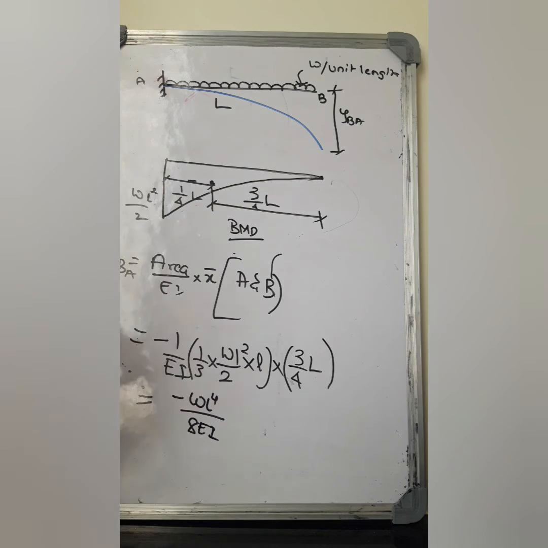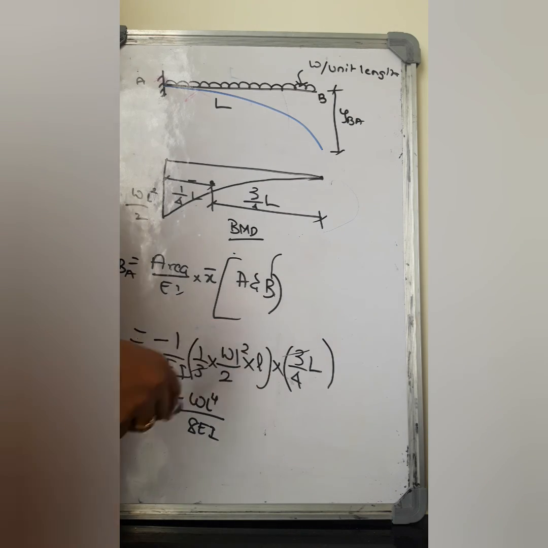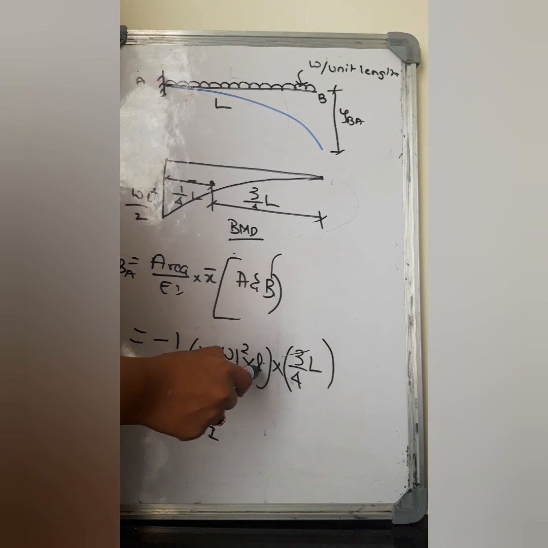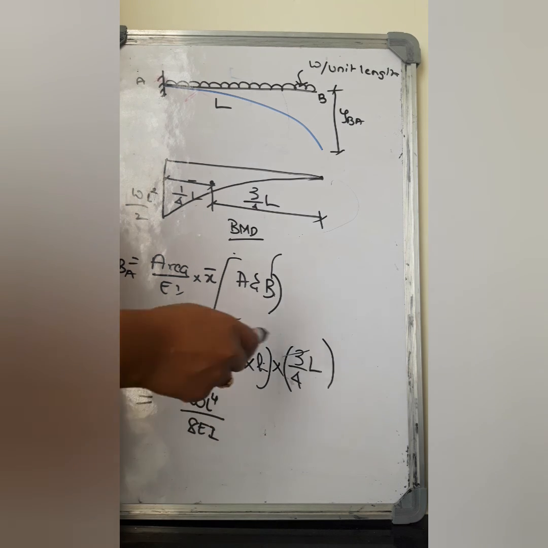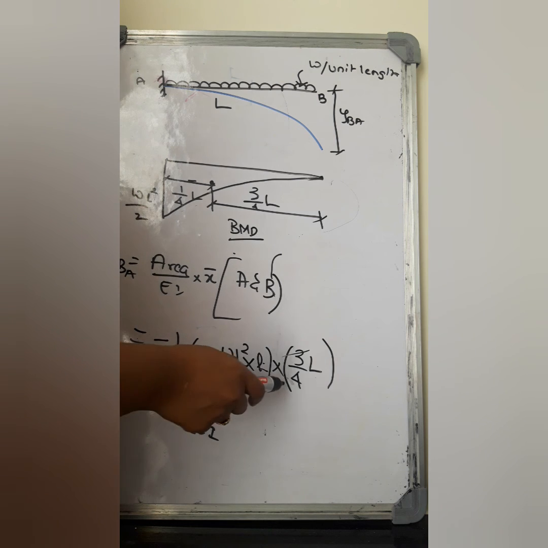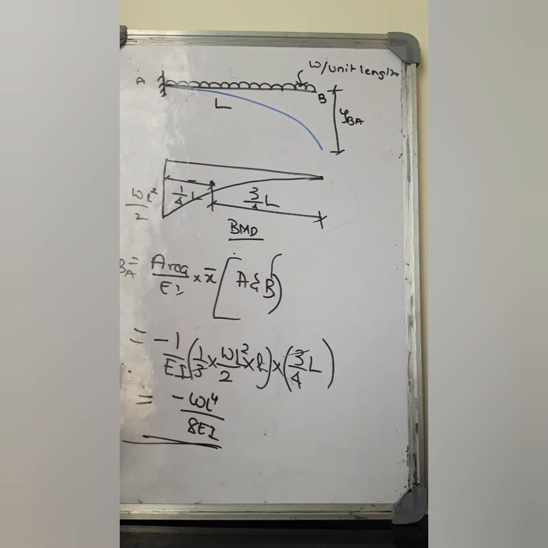The 3 cancels here, W and L square, L and L give L to the power of 4, and 2 fours are 8, so it is 8 EI. So this is YB.